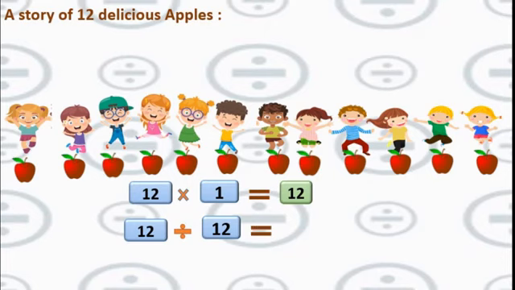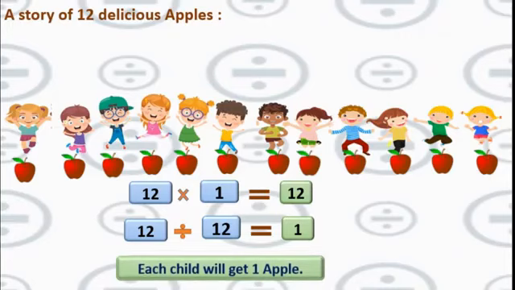So 12 ones are 12 means each child got one apple. Right? This is the answer. Got this story? Yes, dear students. Did you like this? Okay.